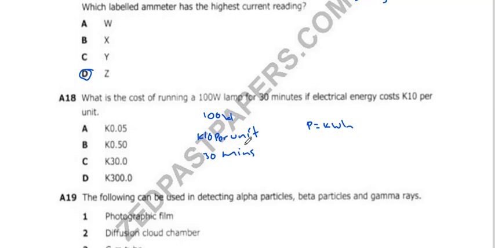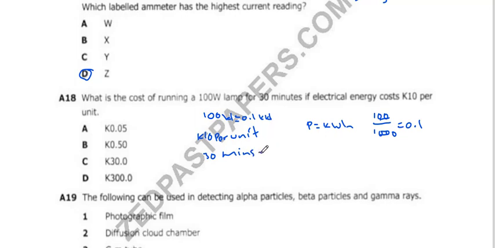How do you convert 100 watts to kilowatts? We simply say 100 divided by 1000, and this gives us 0.1. So this 100 watts is simply equal to 0.1 kilowatts, right?